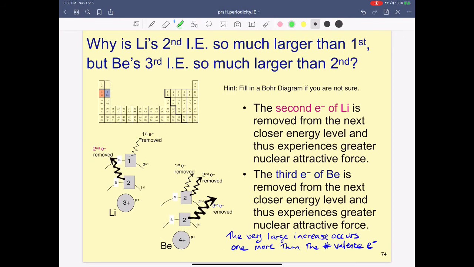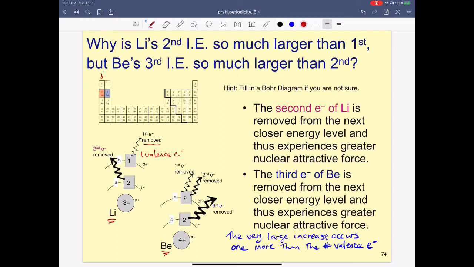Let's take a look. There's a Bohr diagram at the bottom for each of the elements, lithium and beryllium. Lithium has one valence electron, which you should know by seeing that lithium is in the first column of the periodic table. When that first electron is removed, a certain amount of energy is required.